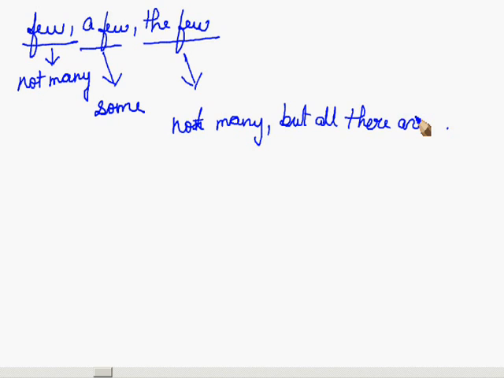The sentence means the remarks that he made were not many, but all those remarks were very suggestive. Next, the few friends he has are all very poor. Few in itself tells us the quantity. The few friends, all the friends which he had, were all poor.